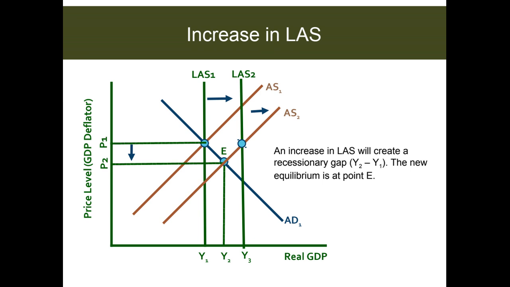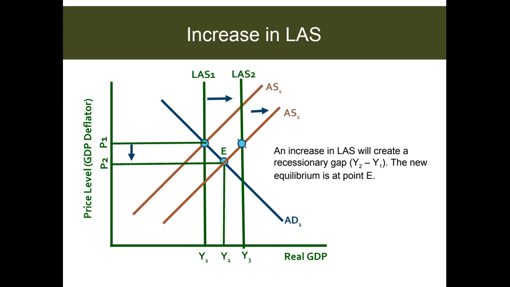And as I told you, by equilibrium I mean the intersection of AS and AD. That's all. So there's no change in AD. So I'll just take the AD1 curve, which is the same. And now I take the new AS2 curve. Notice this AS2 curve and AD1 curve are intersecting at point E. So point E is the equilibrium point.